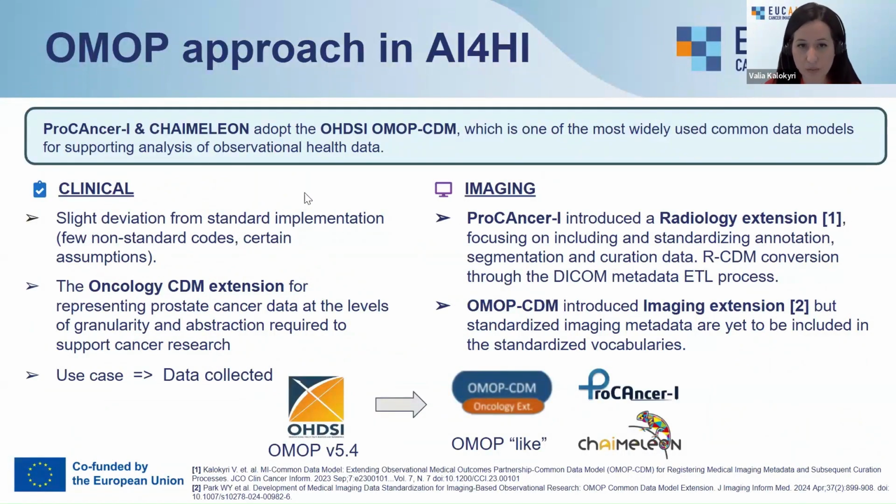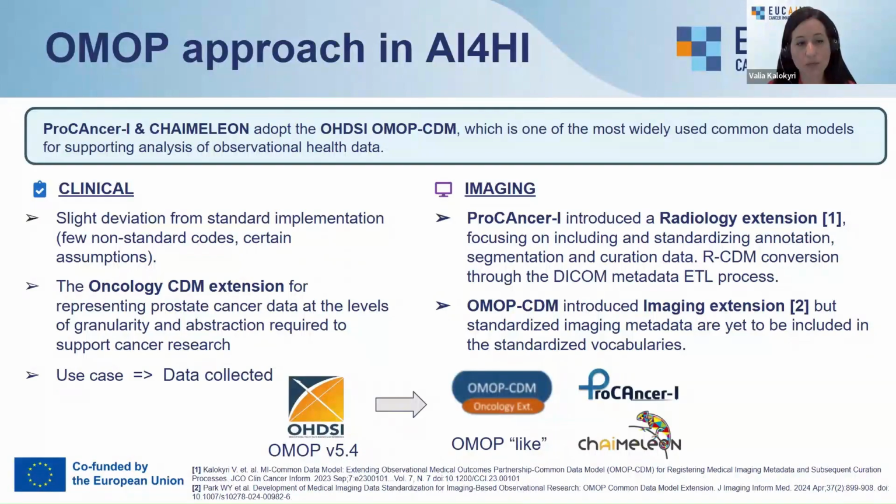So let's see a little bit in more detail what these projects were dealing with. So 2 of the projects, ProCancerEye and Chameleon, adopted the OMOP CDM, which I'm sure most of you are aware. So regarding the clinical information they were storing, both of them had a slight deviation from the standard implementation of OMOP.